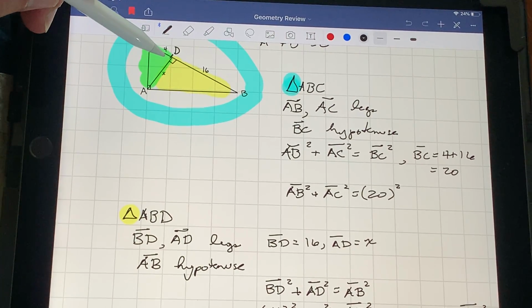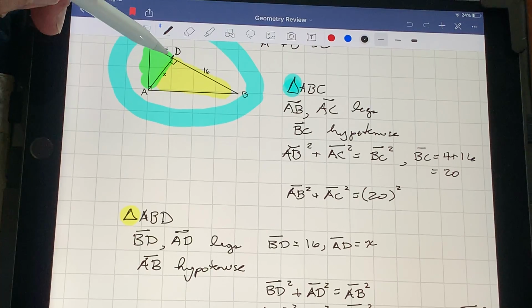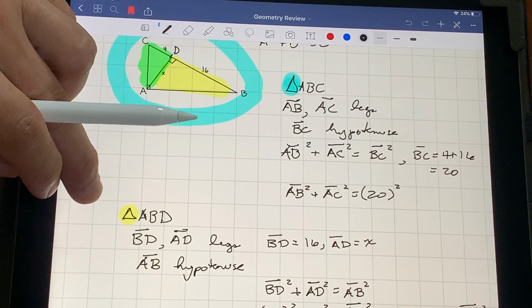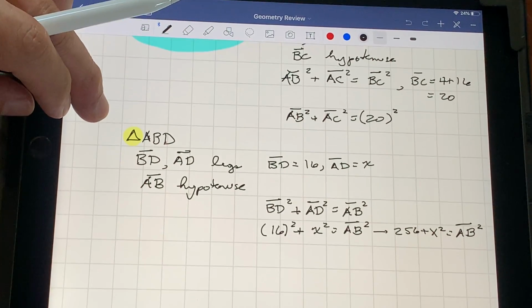Now I'll move to the last triangle, triangle ACD, with a 90-degree angle formed between the legs CD and AD. So let me write it down here.